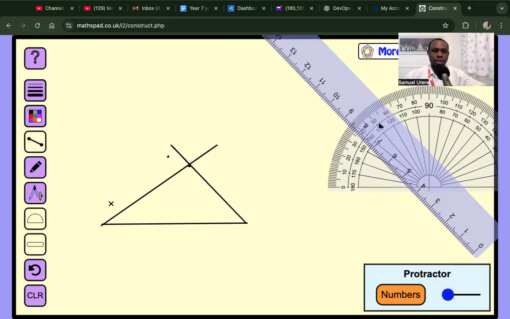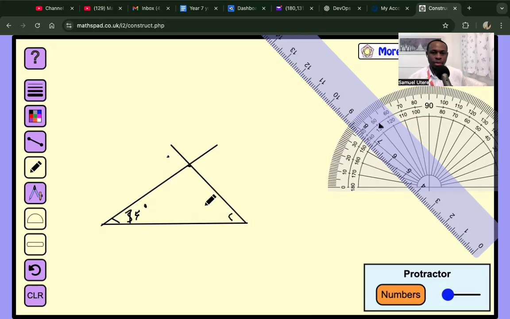Still not working. Okay. Stick with what we know works. So that's 35 degrees we drew there.